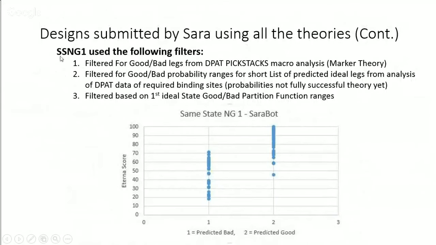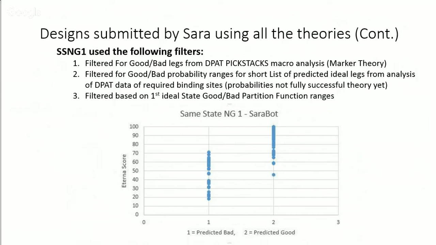And then here's same-state NG1, which has predicted bad and predicted good, filtered for good and bad legs from DPAT pick stacks macro analysis, which is marker theory straight up. Filtered for good and bad probability ranges for short lists of predicted ideal legs based on DPAT data. Again, the probabilities is not the greatest, it's not a successful theory yet, but it used the predicted ideal legs, and we still scored really good designs.